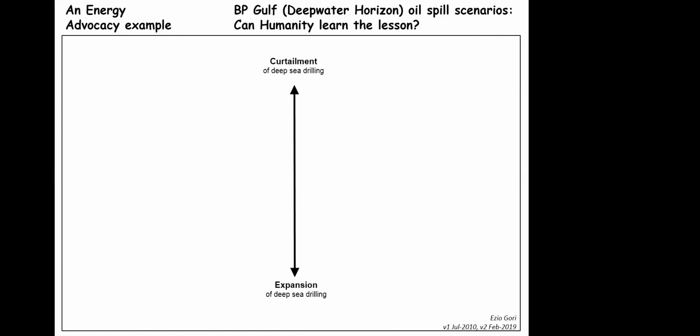Because remember, before that disaster happened, they also struck Pandora's box in that Gulf, and they didn't know how to cap it. So there was really too much oil coming out of there. They didn't know how to control that. But at the same time, they didn't think of the ecological disasters that could come off it. So we've got the two extremities now, curtailment or expansion.